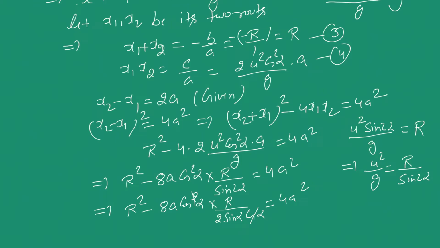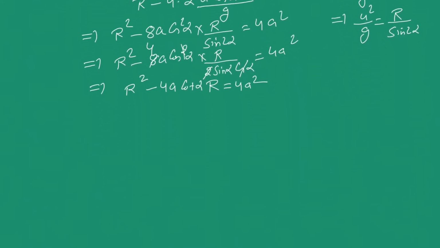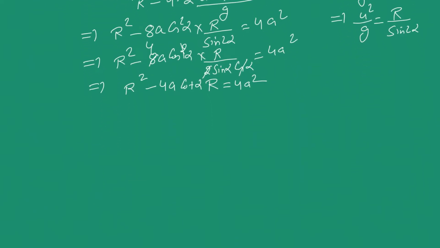This cos alpha will cancel out, this 4 will cancel out. This implies that r square minus 4a cot alpha r is equal to 4a square. This further implies that r square minus 4a cot alpha r minus 4a square is equal to 0.